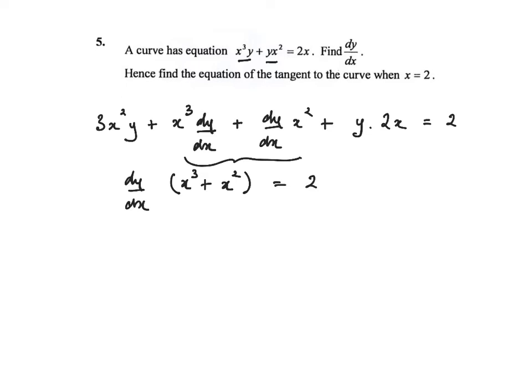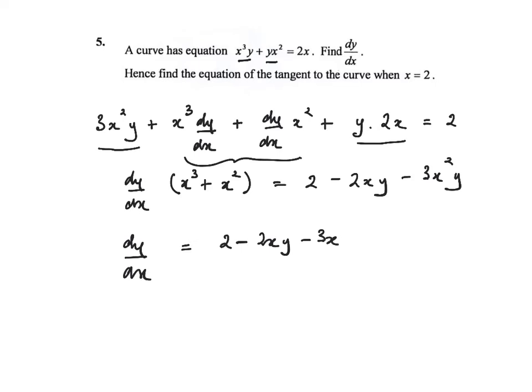So I have 2, and I'm going to take this term to the right hand side and this term here, so that's 2 minus 2xy minus 3x squared y, and finally get dy by dx on its own, so it's 2 minus 2xy minus 3x squared y all over x cubed plus x squared when x equals 2.